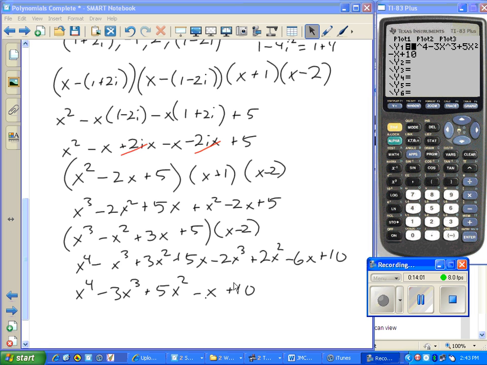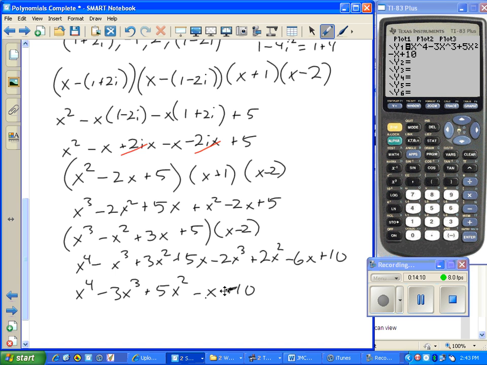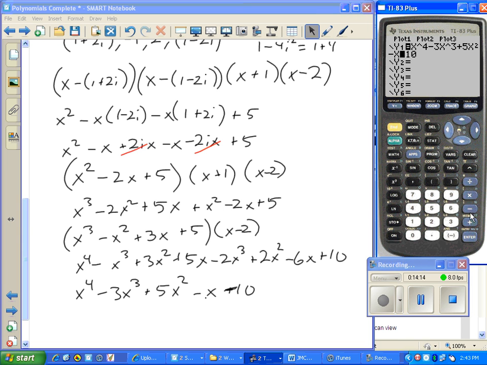Okay, I see it. It should be -10. It's -2 times 5 is -10. There we go. Crossing at -1 and 2, just like I should be.